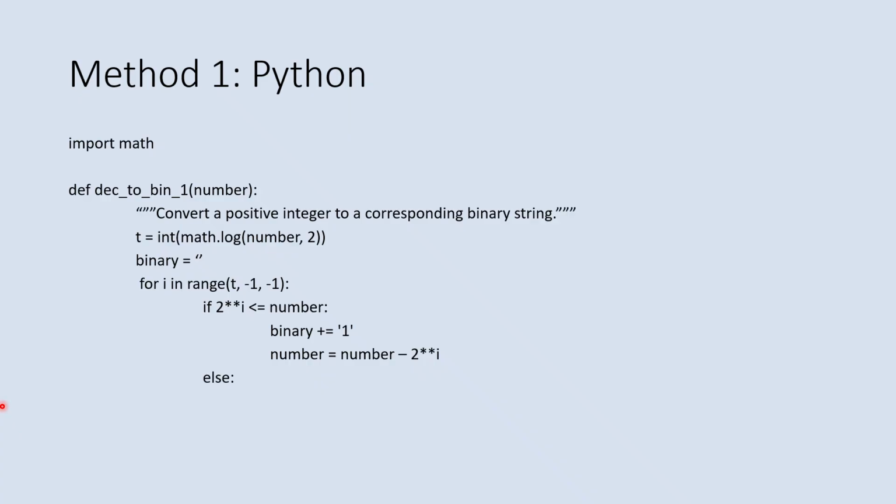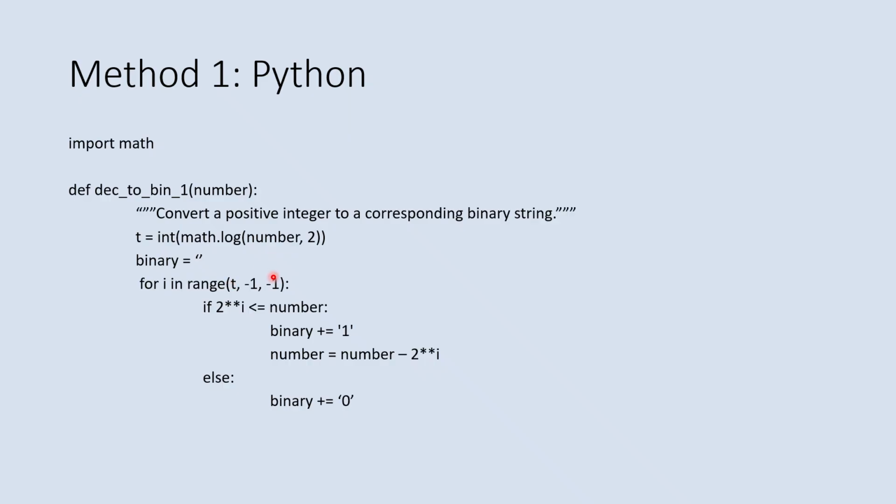But if 2 to the i is not less than or equal to the number, so as we're working across, if we run into, after we've subtracted something from it, a value that skips over a power of 2, then we're going to append a 0 to say that power of 2 doesn't show up in this particular number.